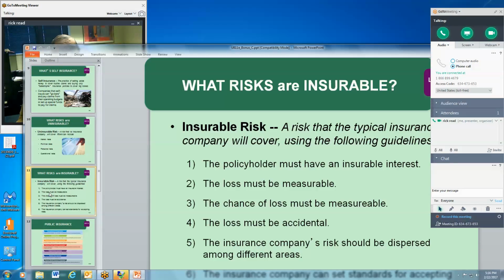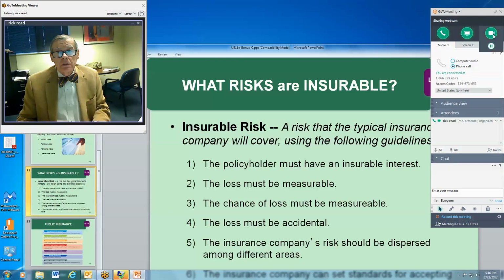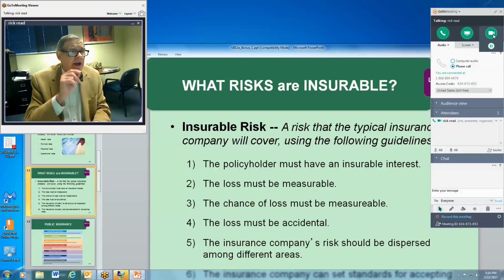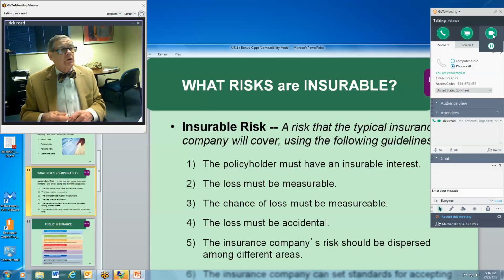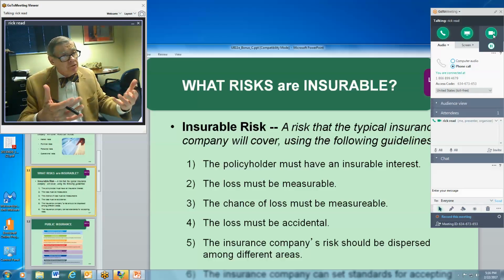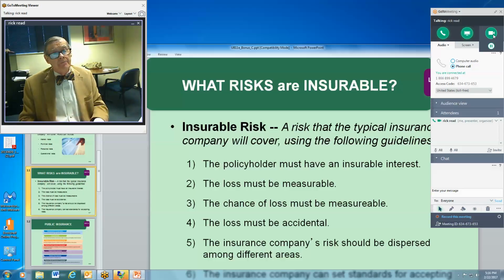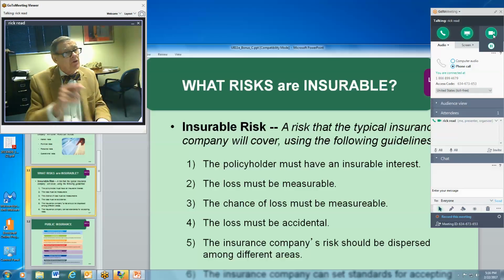Now, here's insurable risks. Notice here, there's things that make up this thing. You have to have something that has an insurable interest. So your home would, or your car, or some other piece of property, or something like a gem that you own, for instance. The loss has to be measurable, so you have to know what was lost. The chance of loss must also be measurable.